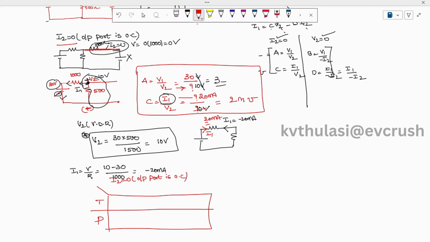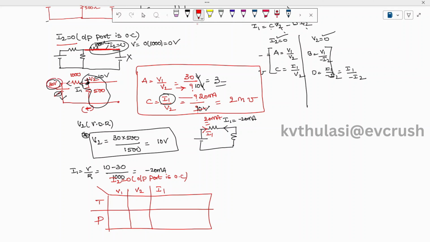Whenever it is open circuited, we need to find the value of V1, V2, and I1. You can see here only I2 is 0, the remaining are V1, V2, I1. So we will get 3.